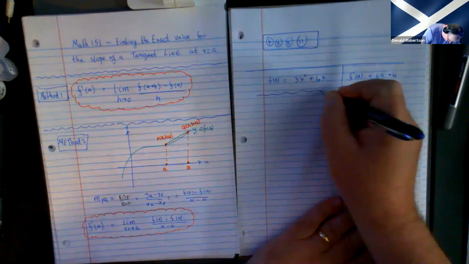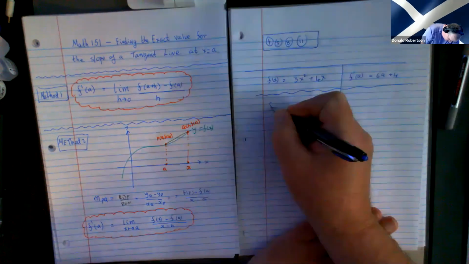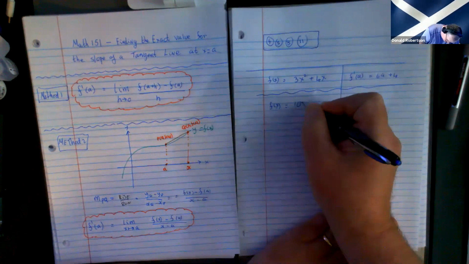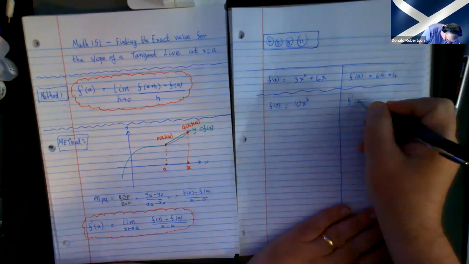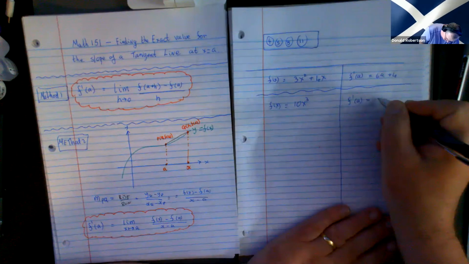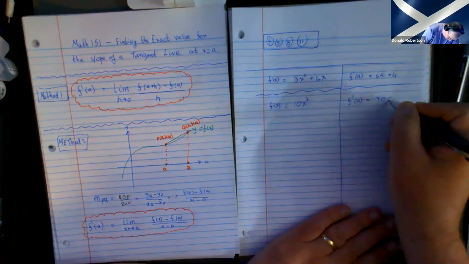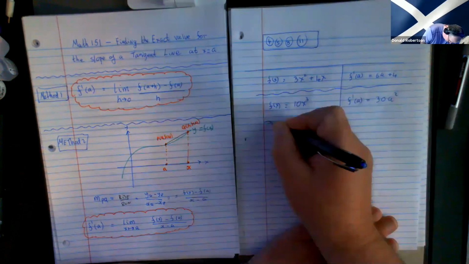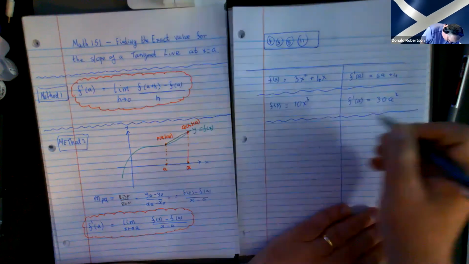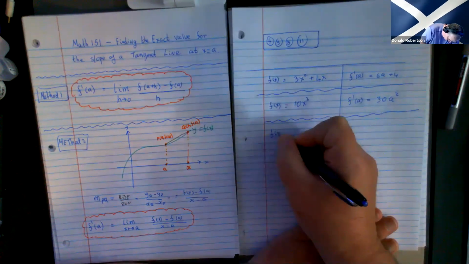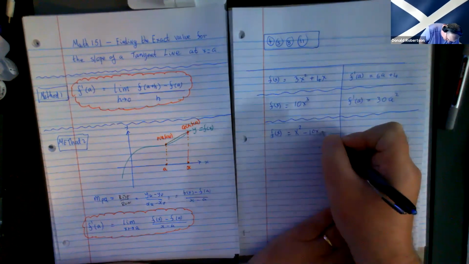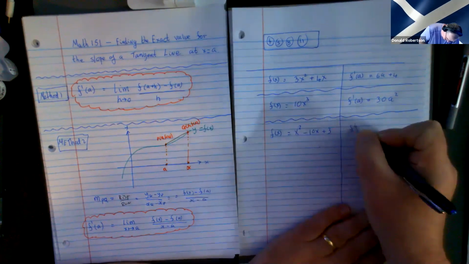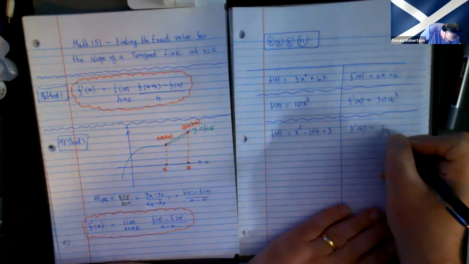And when f of x was 10x cubed, the slope of the tangent line at a, f dashed of a, was 30a squared. And when it was x squared minus 10x plus 3, the slope of the tangent line was 2a take away 10.